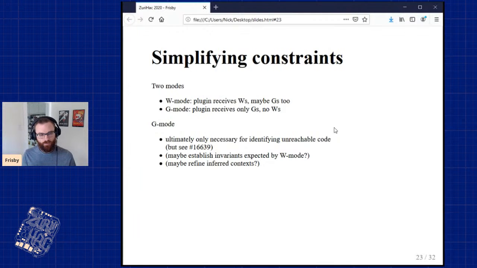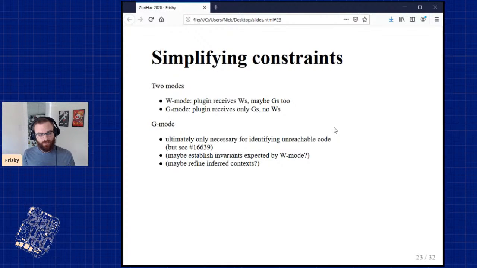GHC might know this already, I'm not sure, but presuming it doesn't, if your compiler plugin knows about that contradiction, then any branch of code that introduces GADT patterns that together introduce these two constraints would be an unreachable path, assuming all the other code is not buggy. And so really GHC's exhaustiveness checker should consider those patterns unnecessary.